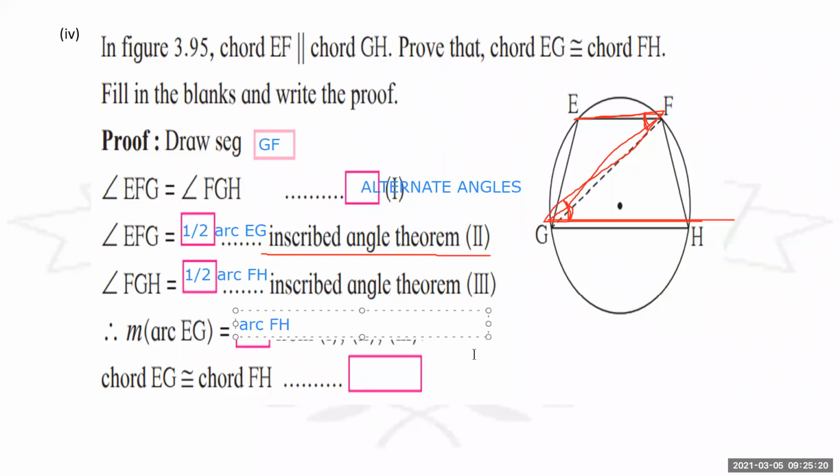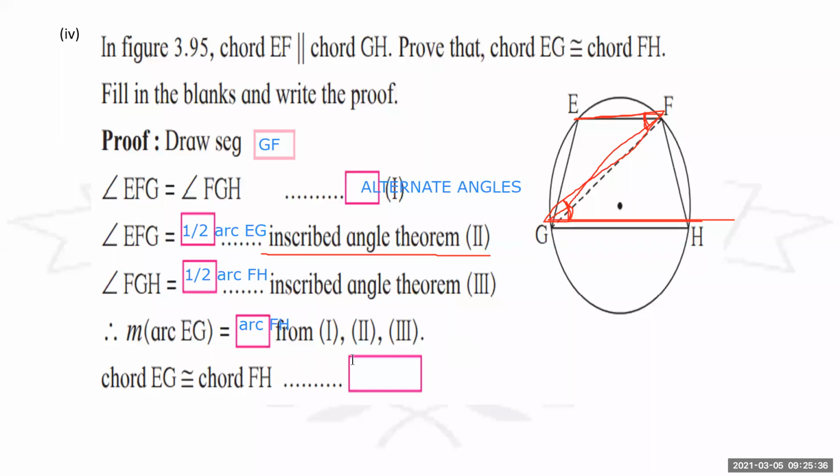So if the arcs are equal, the corresponding chords are also going to be equal, because in the next step they have given that chord EG is congruent to chord FH.